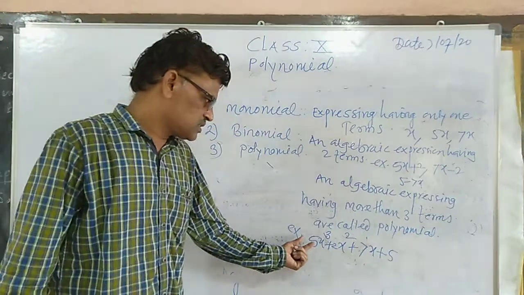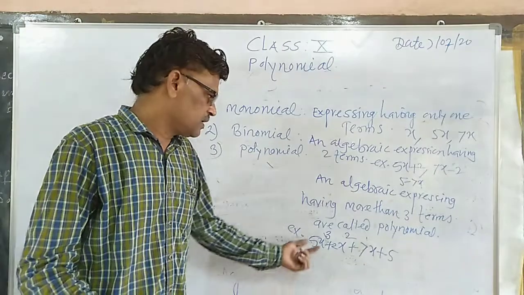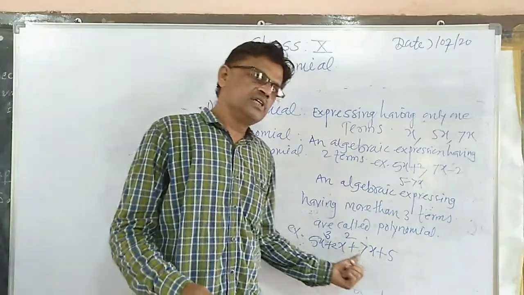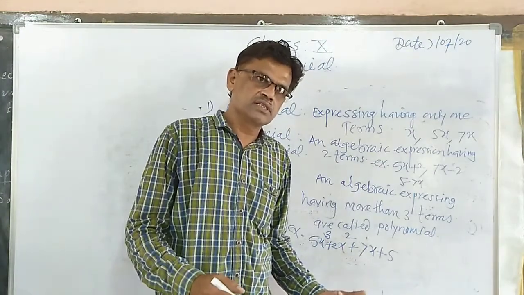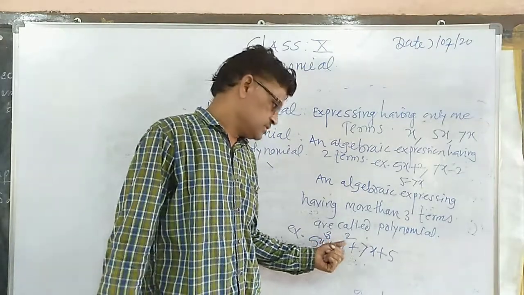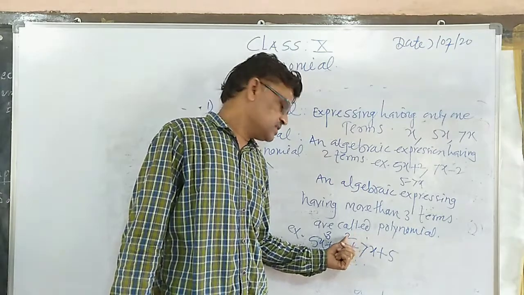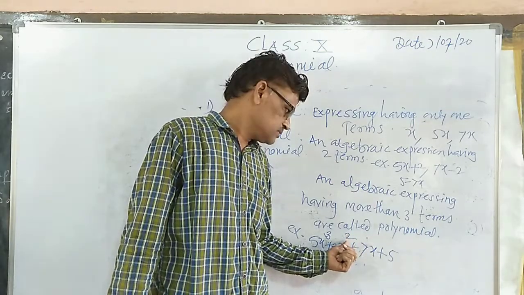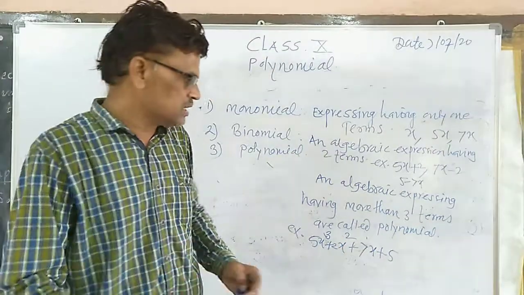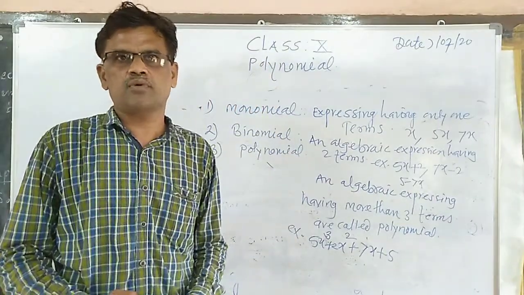When we observe the degree of the polynomial, it is in decreasing order. First the highest power is there, then after that another lower power. We observe that there is a decreasing order of the exponents.